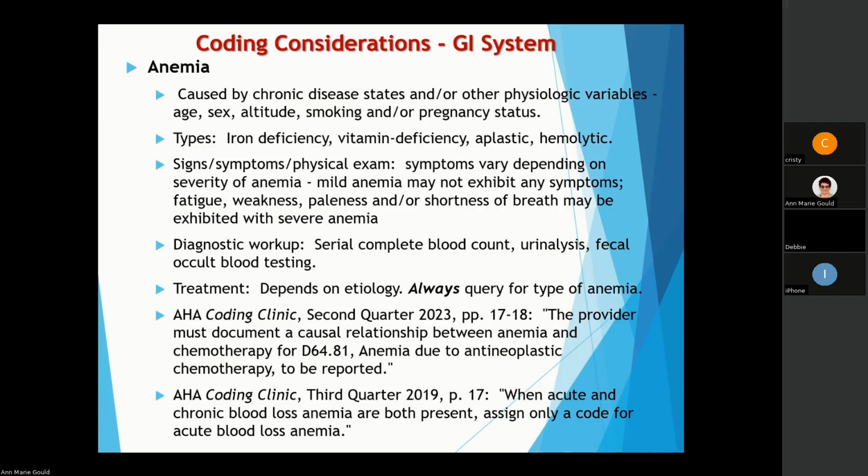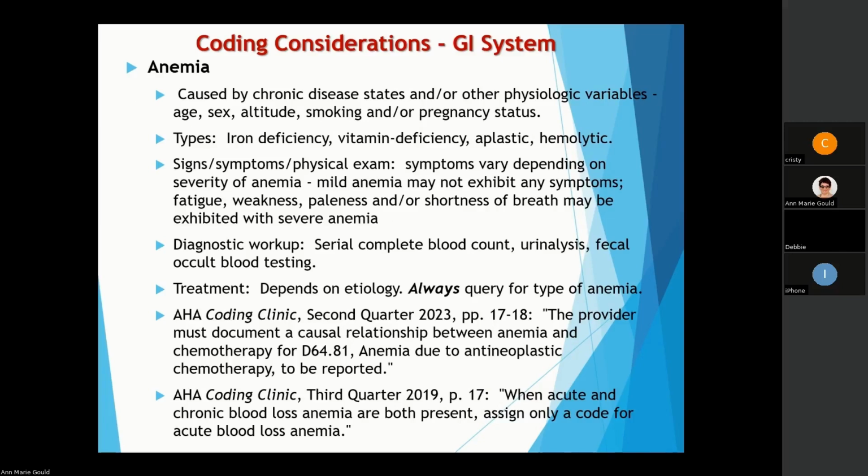American Hospital Association Coding Clinic, second quarter 2023, pages 17 and 18: the provider must document a causal relationship between anemia and chemotherapy for D64.81, anemia due to antineoplastic chemotherapy, to be reported.